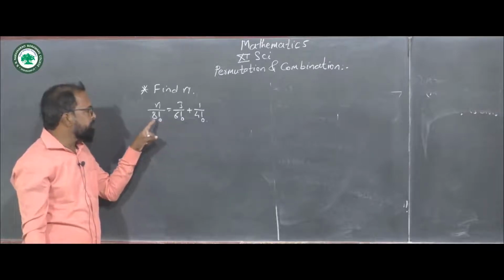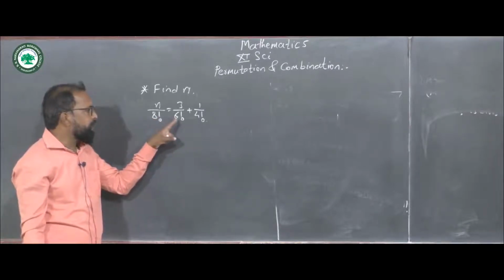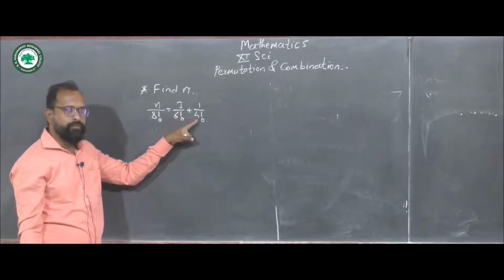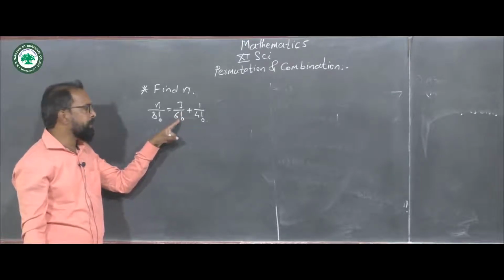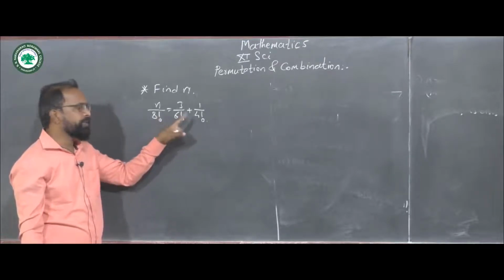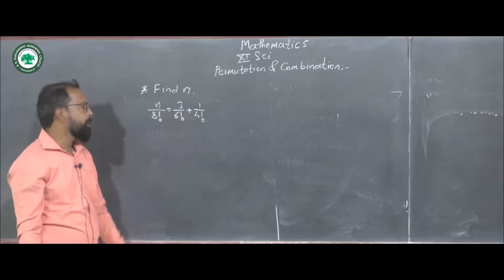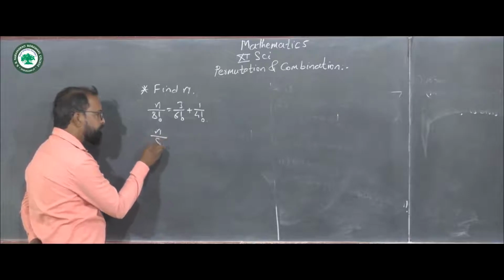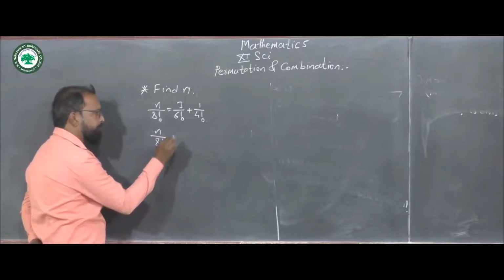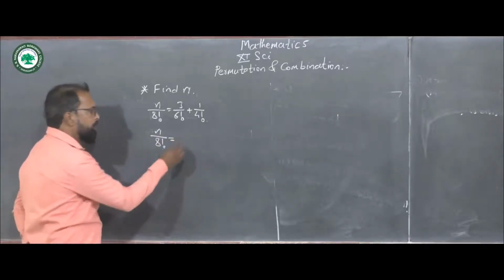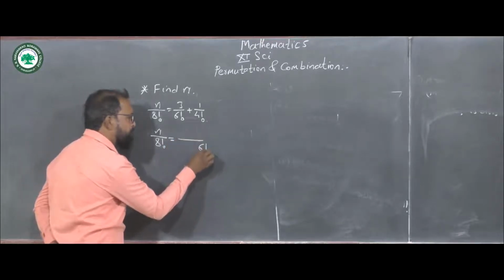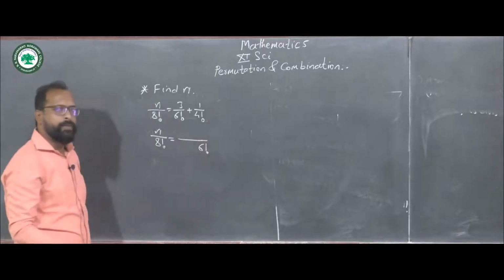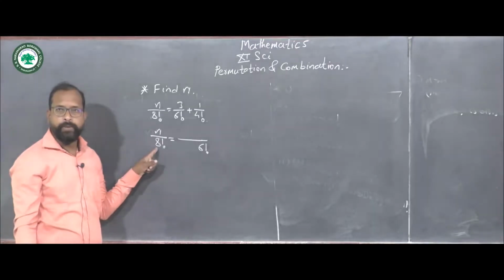We can represent 8 factorial in terms of 6 factorial or 4 factorial, or 6 factorial into 8 factorial or 4 factorial, and so on. Now we write n upon 8 factorial equals, now here it is 6 factorial. Suppose we convert this 6 factorial into 8 factorial.